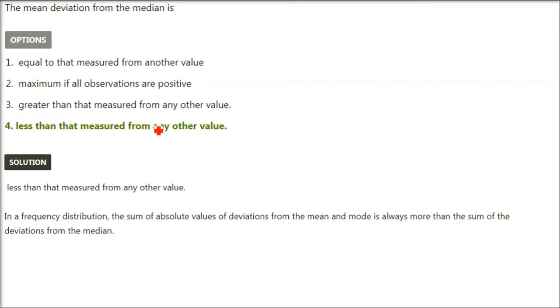The mean deviation from the median is. Now, we have already seen in the discussion and theory of this chapter, the answer here is less than that measured from any other value. Basically, in a frequency distribution, the sum of absolute values of deviation from the mean and mode is always more than the sum of the deviation from its median.